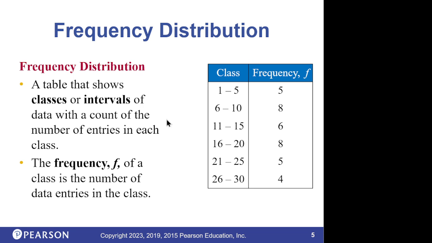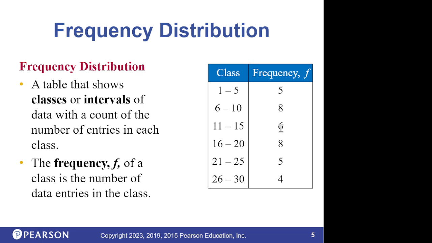So in this case, we have classes of 1 to 5, 6 to 10, 11 to 15, 16 to 20, 21 to 25, and 26 to 30. Now notice the numbers do not overlap. They can't overlap, but they fill all the numbers between 1 and 30.